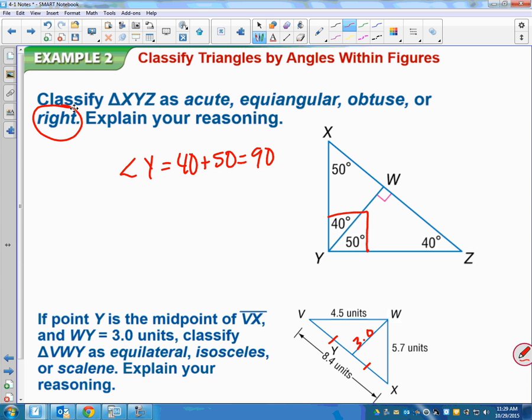So what did you say about triangle VWY? I think the answer there was scalene, right? Correct. And what would you say the reasoning is? How would you explain your reasoning on that? Well, if you divide that by 2, you would say that that's exactly what? 4.2.